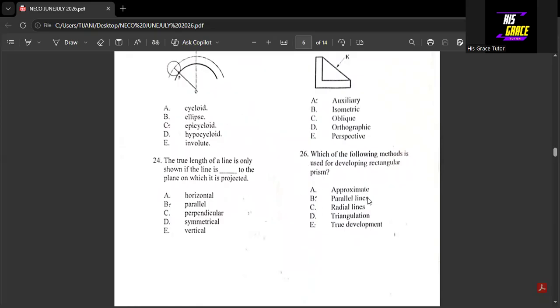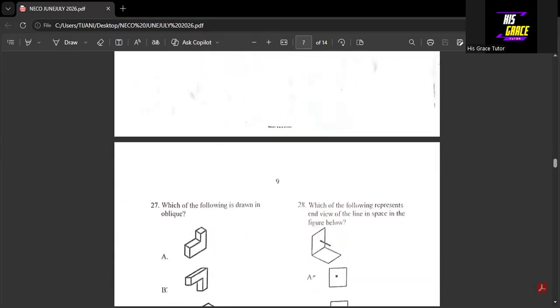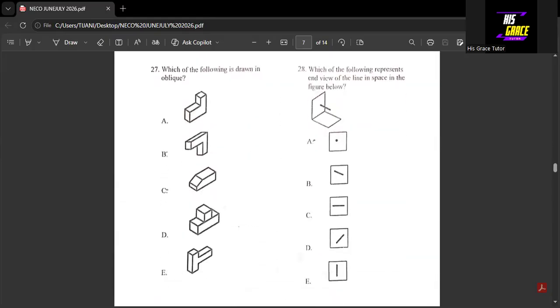We use the parallel method to develop a rectangular prism. So option B is the answer to question 26. Then question 27 says, which of the following is drawn in oblique? Looking at all these options, option B gives us the answer to question 27.